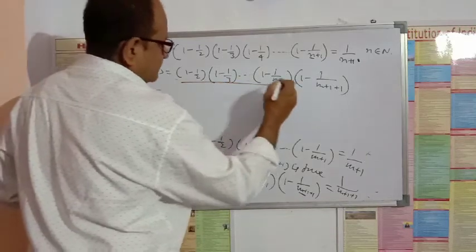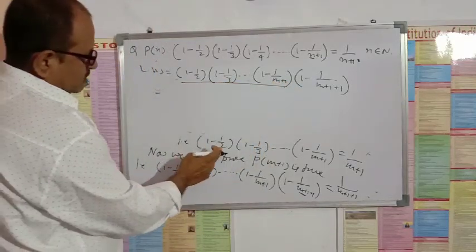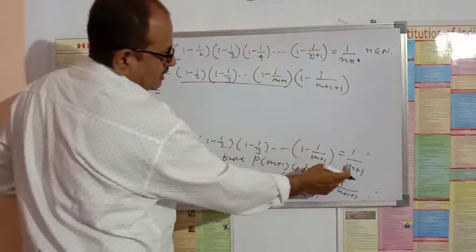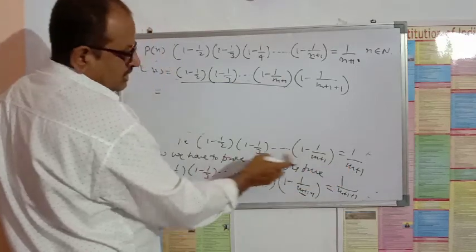What is this part, (1 - 1/2)(1 - 1/3) and so on? It is equal to 1/(m+1), because Pm is true.